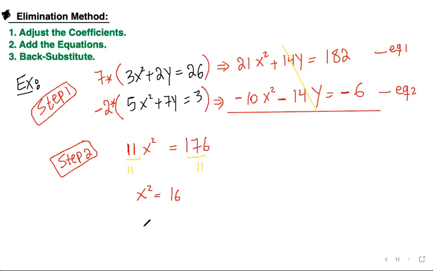Take the square root. x equal positive, negative square root of 16, equal positive, negative 4. So the first value is x equal 4, the second value is x equal minus 4.